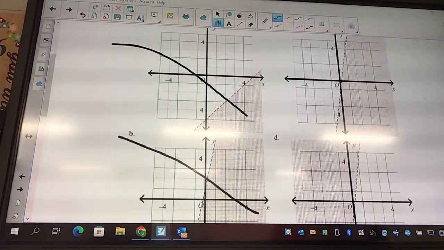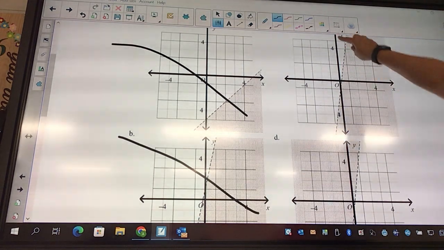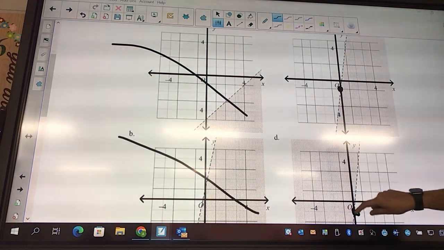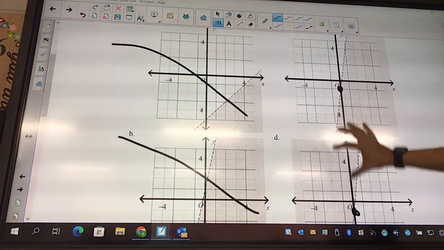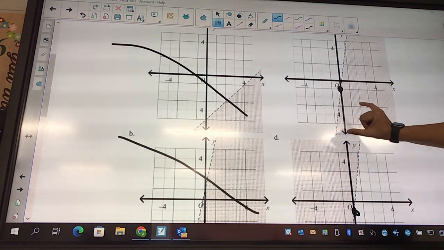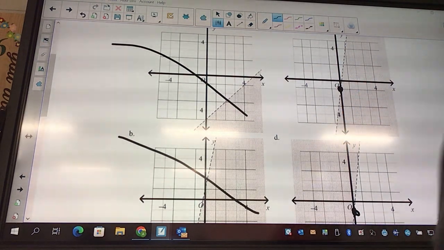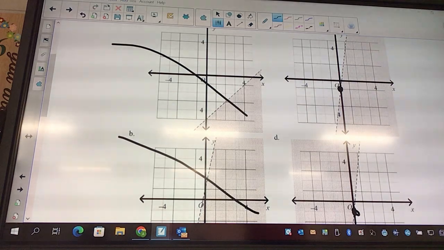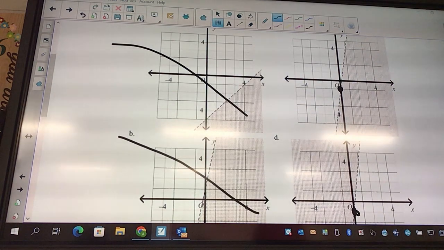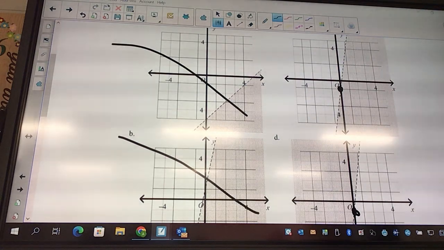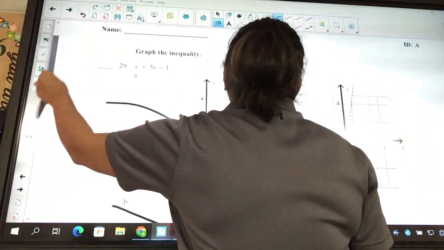Yes. And then we're looking at where it crosses the y-axis. You can see it crosses here, that's probably -1. What's the difference between C and D? They're different shades. What does it say to shade? y is less than. So are we going to shade above or below? Below. Okay, so that's C.